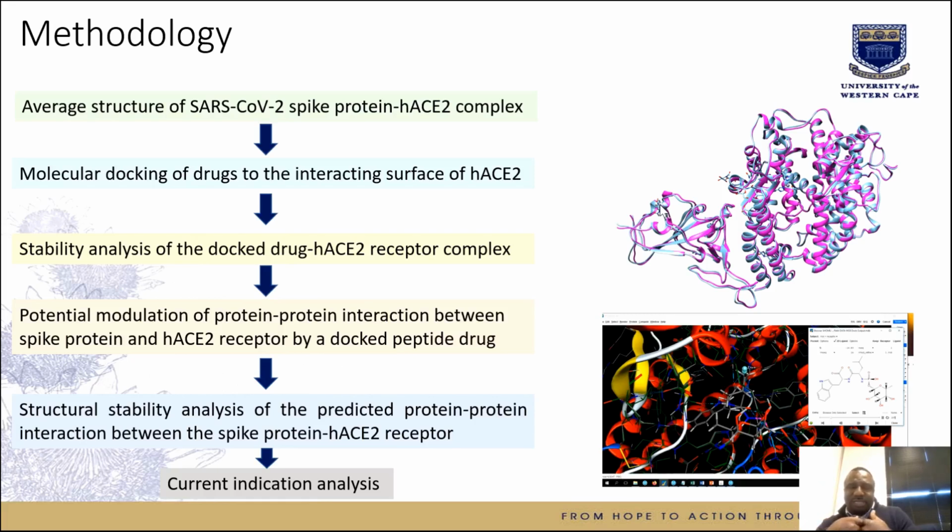And of course, finally, we looked at the effect on the structural stability of the whole complex, looking at the HACE2, the docked compound or drug, and the spike protein coming into that interaction. And finally, we also looked at the current indication for the drugs that we found that are most likely to disrupt that interaction between the spike protein and the HACE2.